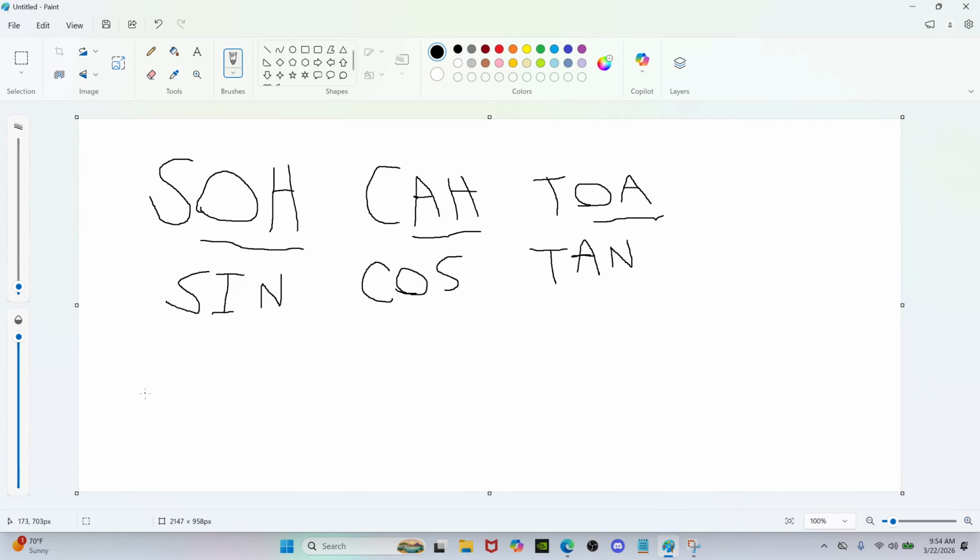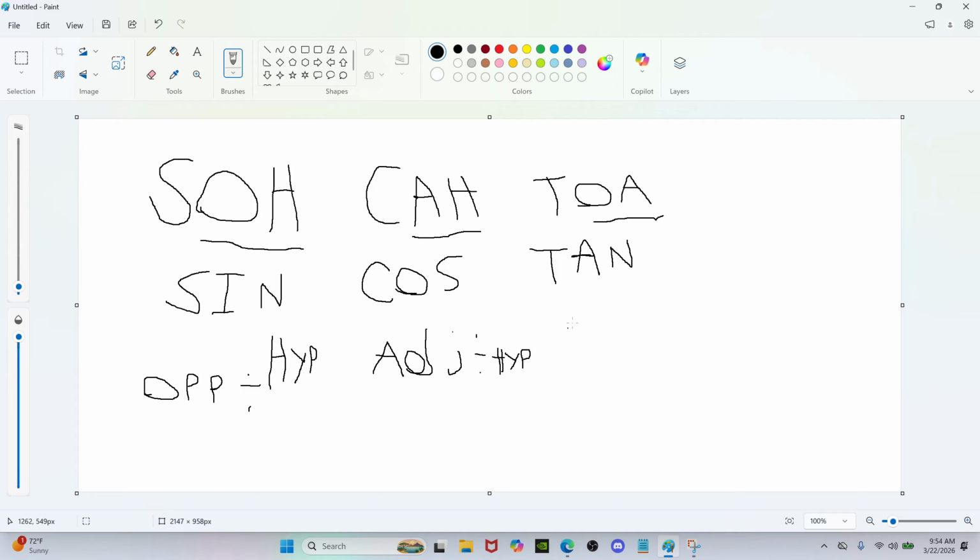So for sine, we have the opposite divided by the hypotenuse. And then for cos, we have the adjacent divided by the hypotenuse. Sorry about the H there.